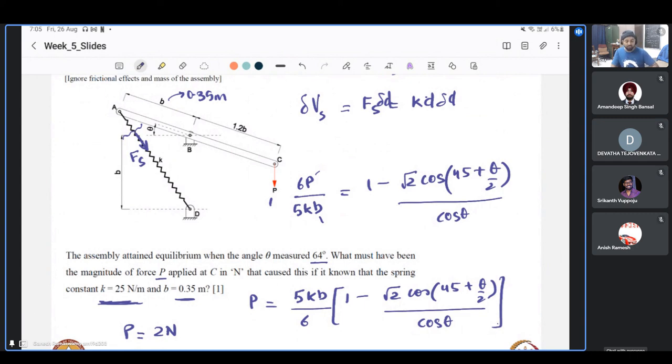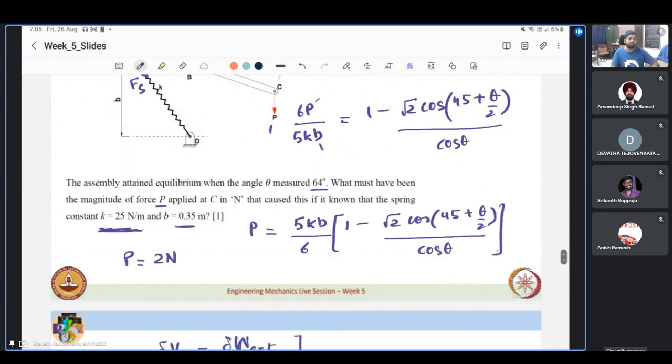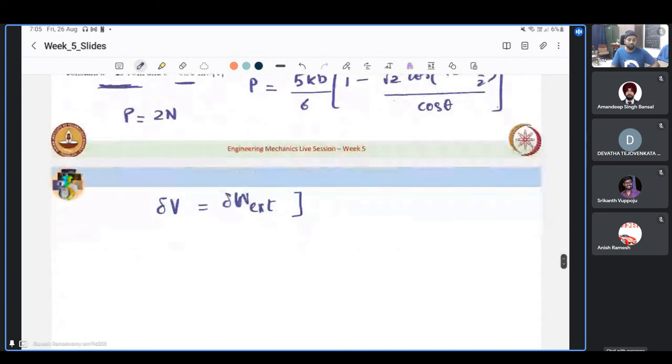Instead of separating this out, if we look at the whole system and we know that there is a spring or there is mass, then we can directly represent them as potentials, take the derivative of that potential and equate it to the rest of the virtual work. So in our problem, this would only have a k component, this would have a p component. We will still get the same result.